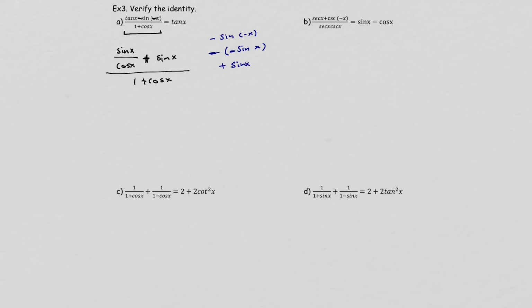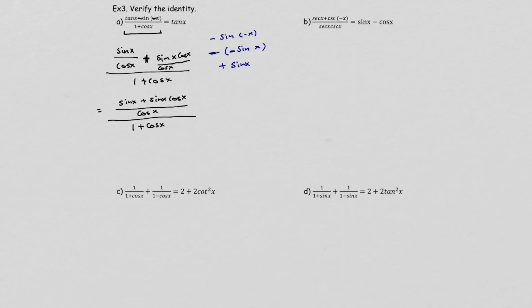It means I'm going to make the same denominator by multiplying numerator and denominator by cosine x. And when I add it, I get sine x plus sine x times cosine x all over cosine x, over 1 plus cosine x.